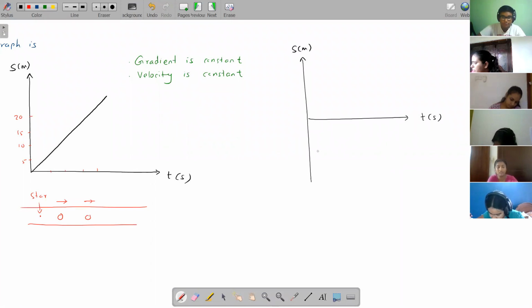What if you have a graph like this? What does this mean? Try to understand this. Well, let's see your answers on the chat. What do you think about this graph?